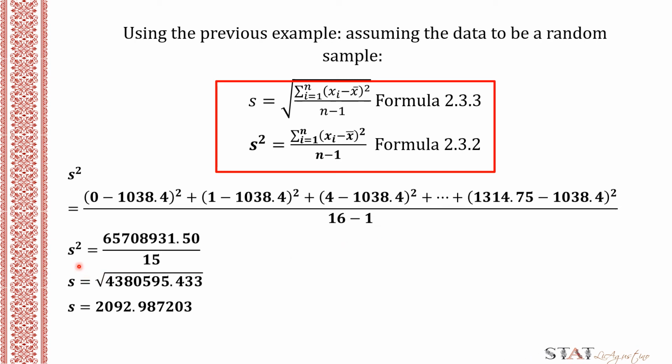Okay, and then s squared, you sum it, you will arrive at this value divided by 15, and then you get the square root, and then you will have the standard deviation of 2092.9872. So during our online class, I will teach you how to use your scientific calculator.